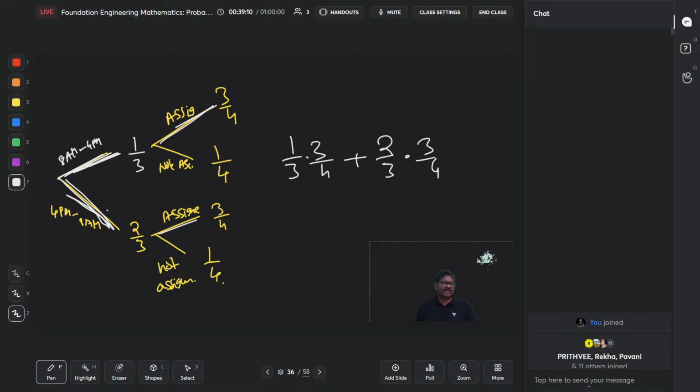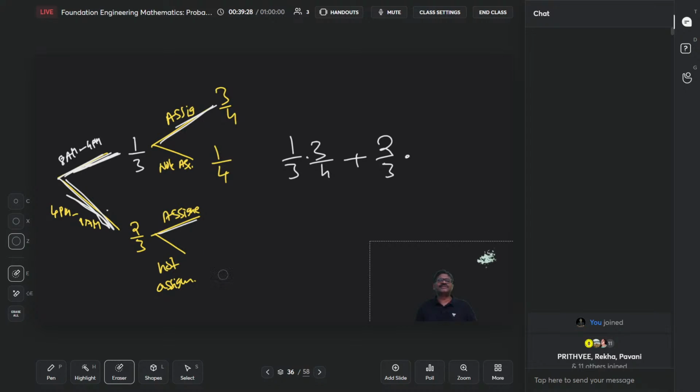Understood? 1 by 3 into 3 by 4 plus, one minute. This is not right. 4 p.m. to 8 a.m. is not the assigned doctor case, so this is reversed.